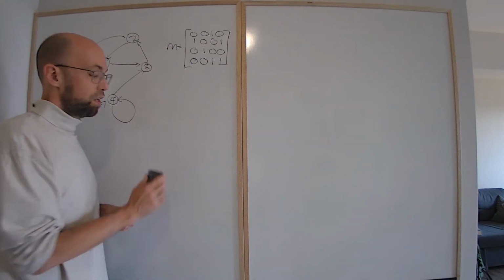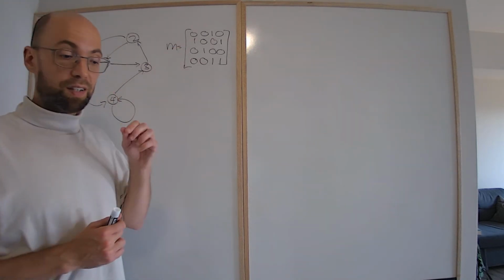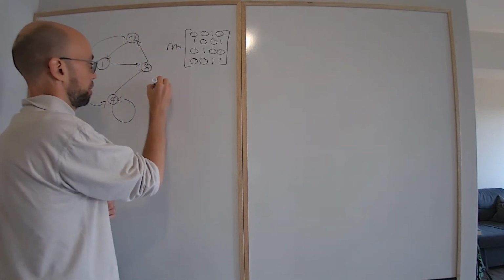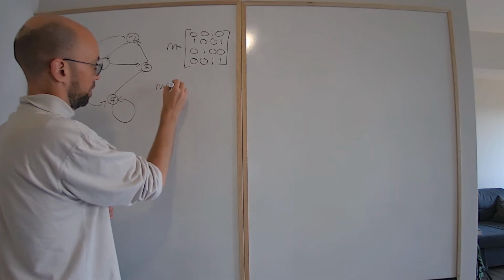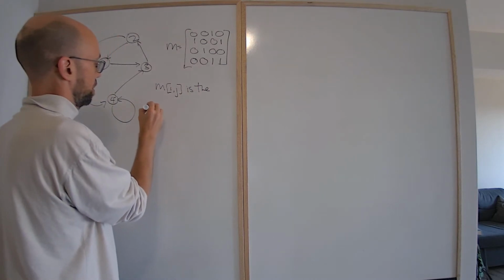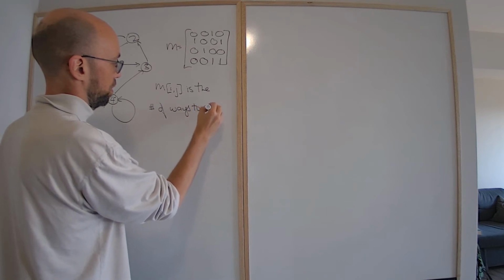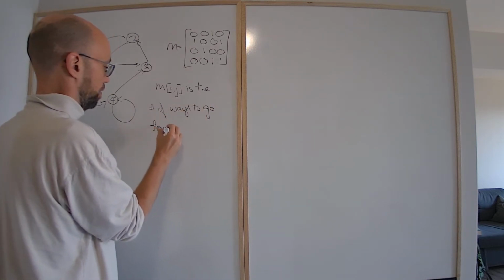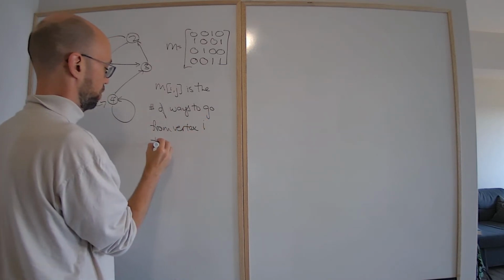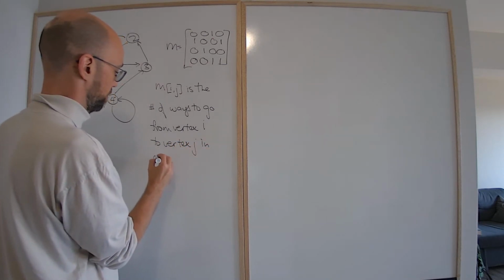Okay, so what does M say? Well, the entry in the ith row and jth column of M, Mij, is the number of ways to go from vertex i to vertex j in exactly one step.